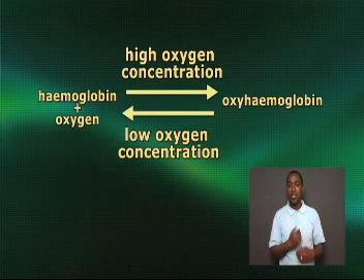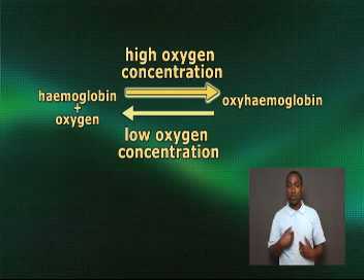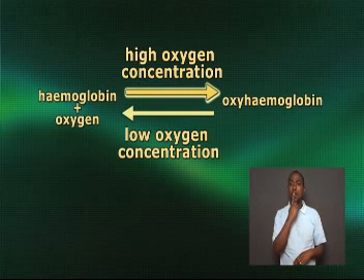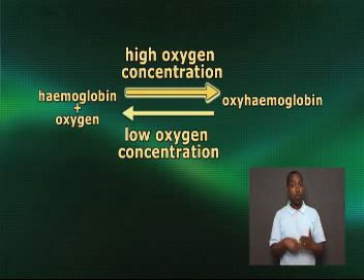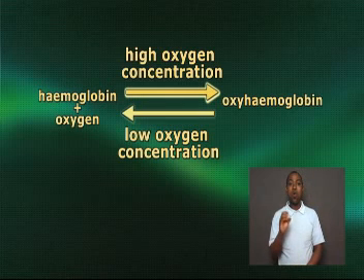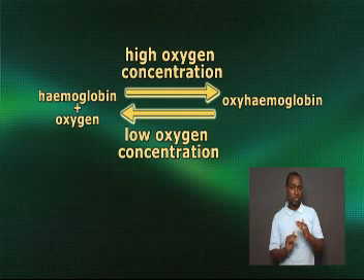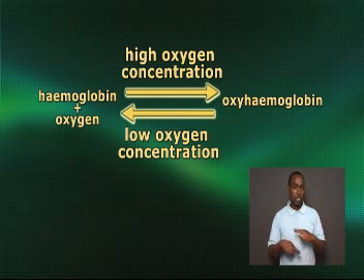In highly oxygenated areas, like the lungs, hemoglobin reacts with oxygen and a bright red product called oxyhemoglobin is formed. In areas where oxygen is low, such as the cells and organs of the body, the reaction is reversed.